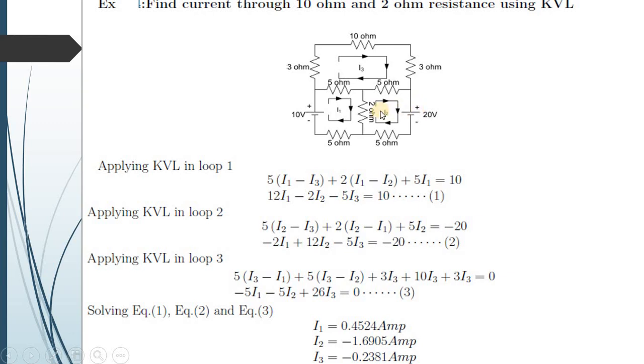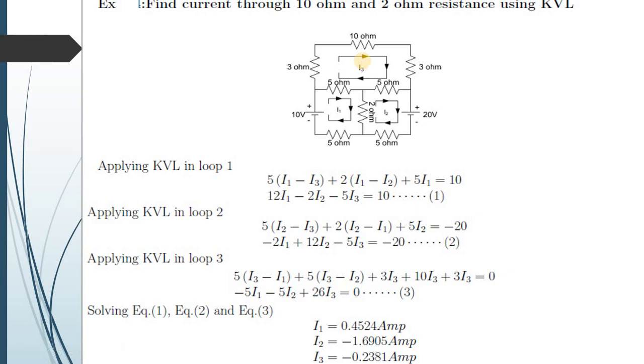You can take any direction and according to that you have to give the signs. By rearranging this, we will get minus 2I1 plus 12I2 minus 5I3 is equal to minus 20.